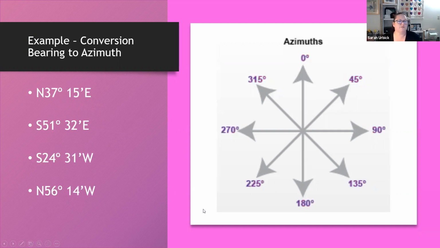All right, converting bearings to azimuths. Same thing, just in reverse. Pretty similar, moving around the circle, moving around our range of motion here. So if we're north 37 degrees, 15 minutes east, what's our azimuth?